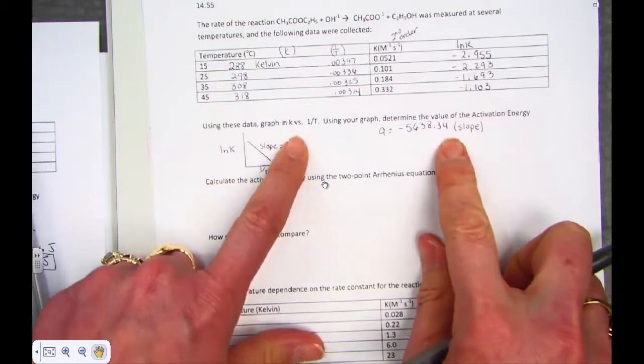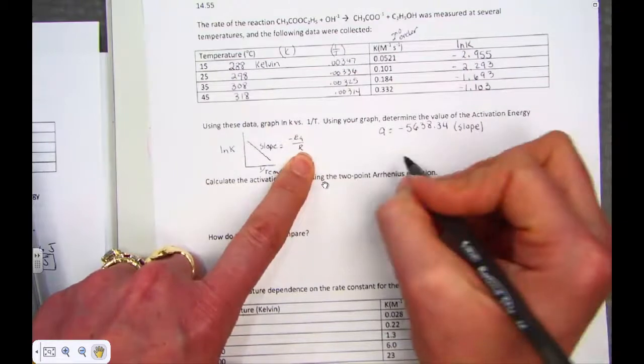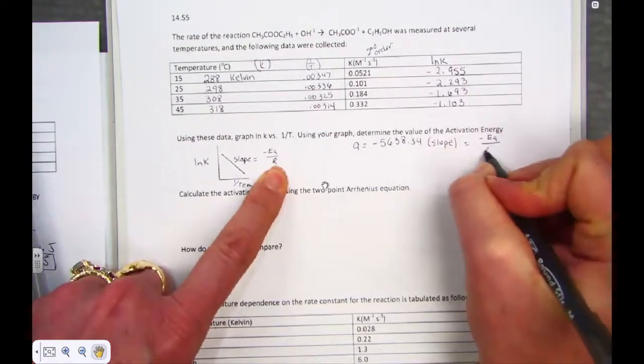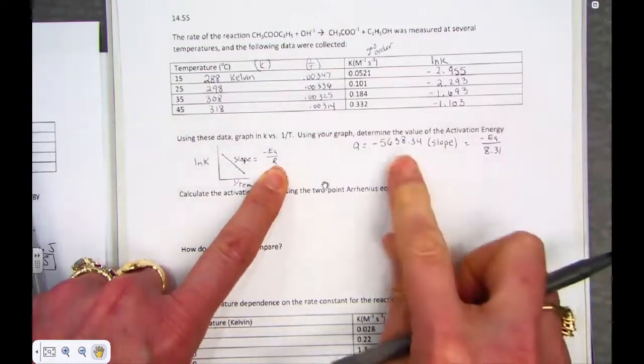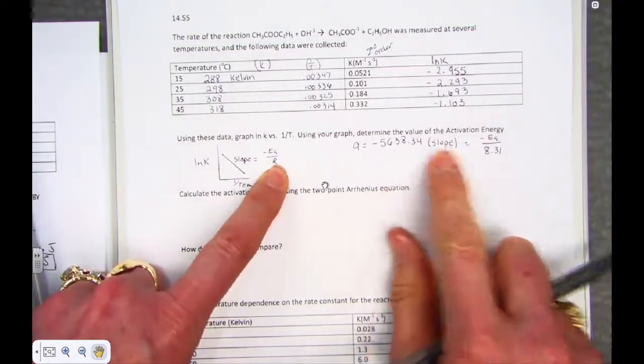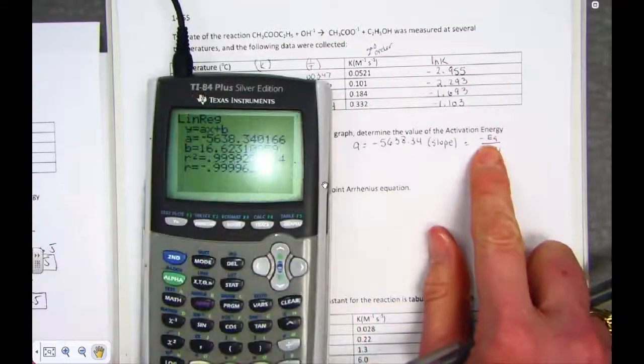This slope is equal to negative EA, which comes out in joules, over the R constant. So the slope is negative EA over 8.31. I just merely have to take the slope from the diagnostics, multiply it by 8.31, take the opposite of it because activation energy is always positive.